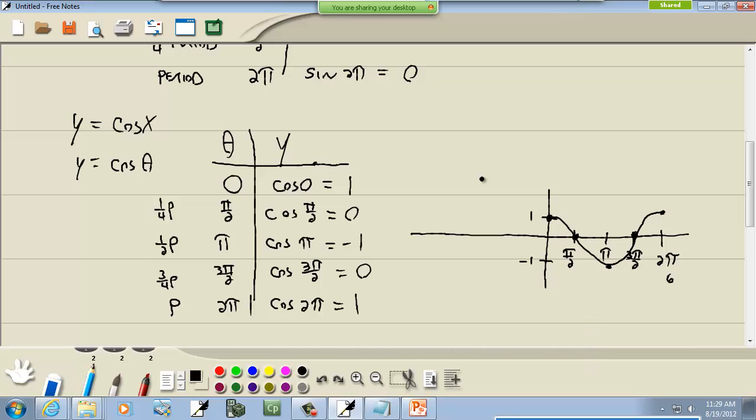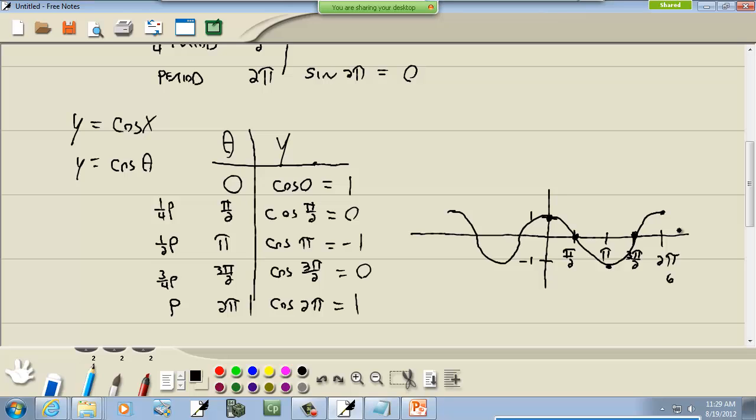It's as good as I can get freehand. And then they repeat. So this is going to go like this. Like that. Boy, that's not drawn very well, but without putting points on, that's probably as good as I can freehand. So that's over 2 periods.